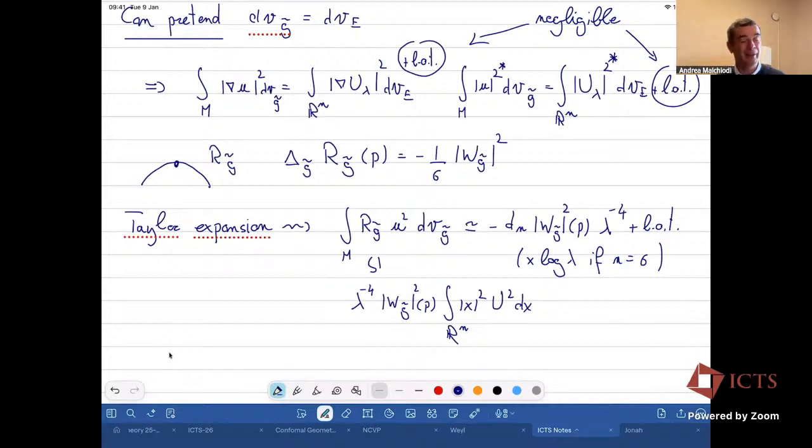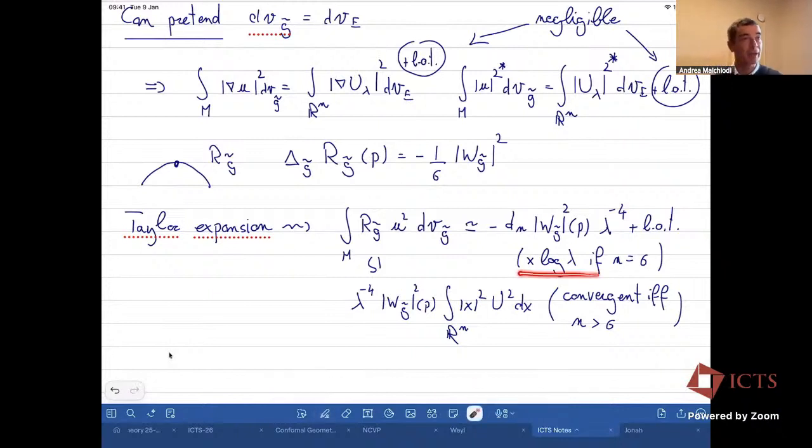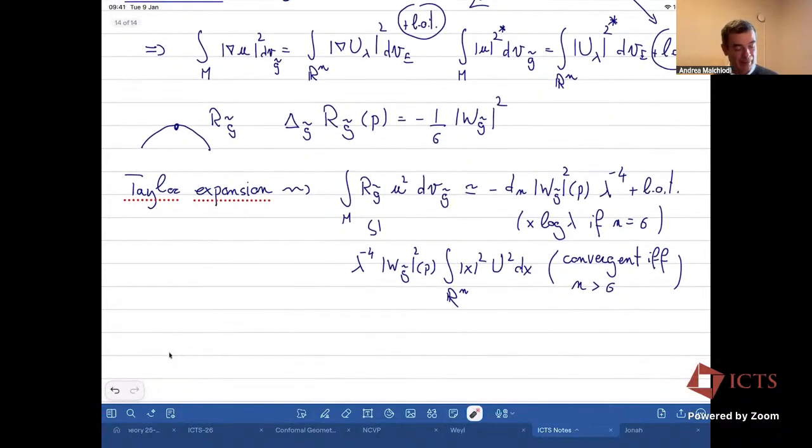So this integral is actually convergent if and only if the dimension n is strictly greater than 6. For n equal to 6, it's borderline divergent, okay? And that's why you find an extra log in the Taylor expansion. Okay, so it's equal to this via a change of variables.